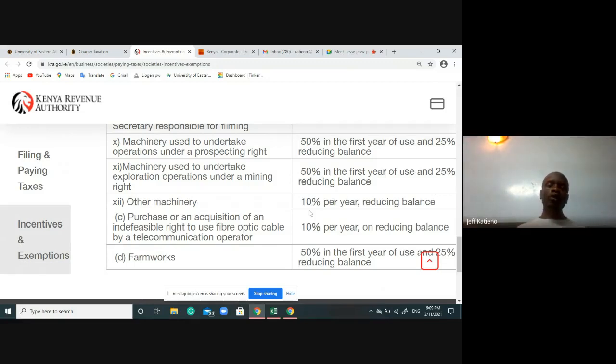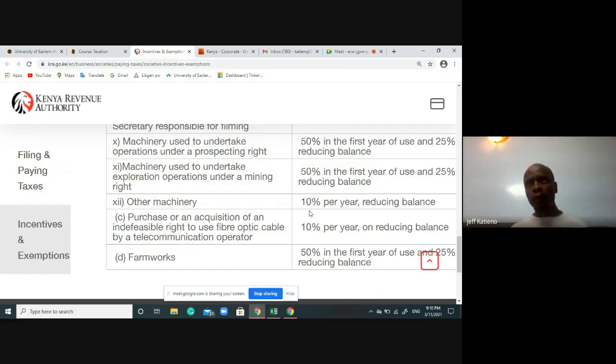The previous regime was a two-step process. You had to know the class, you had to know the category. But in this current regime, it is a one-step process. Every item is individualized. You just go straight, you find the rate and you apply. And when you get the rate, it is allowable. So you less it to arrive at your tax liability.